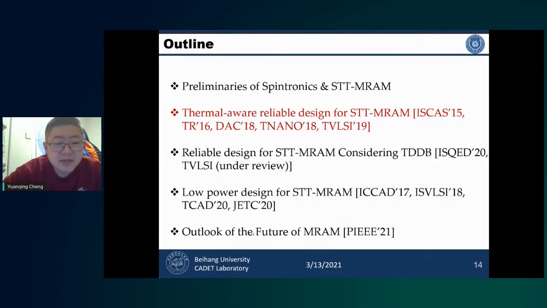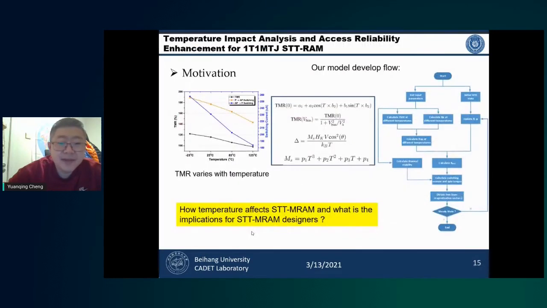Now let's look at some very interesting problems involved in the thermal-aware reliable design for STT-MRAM. In our research, we observe a very interesting phenomenon, that is the TMR, or the high and low resistance ratio, varies with the temperature.